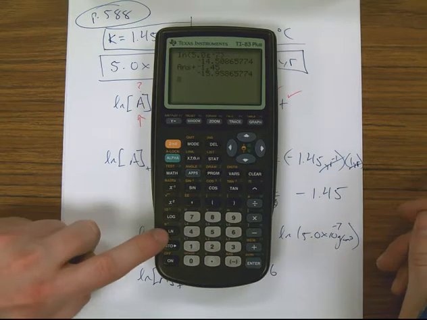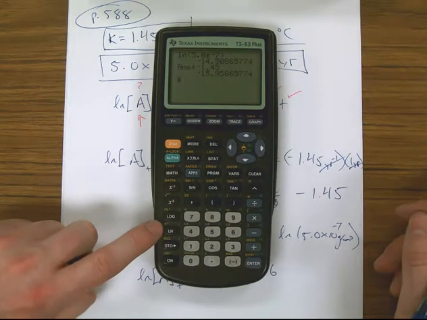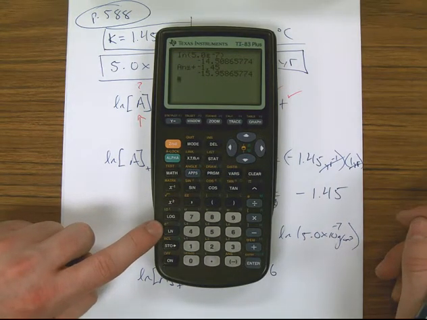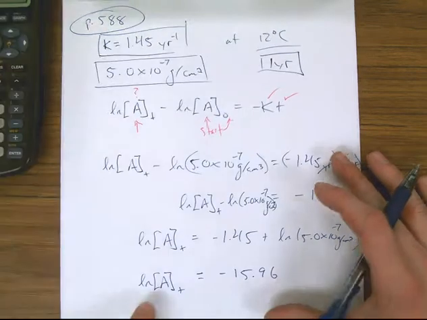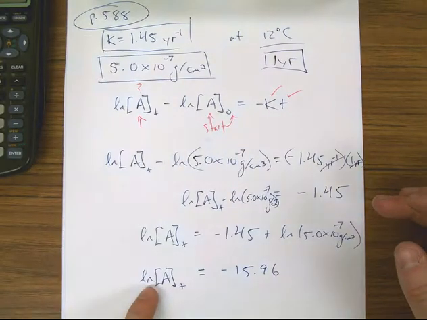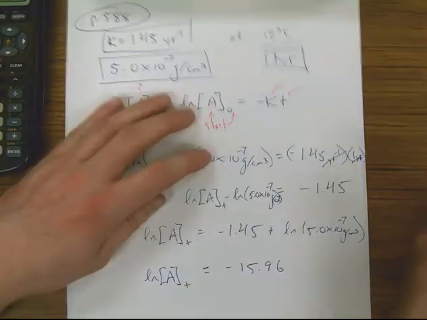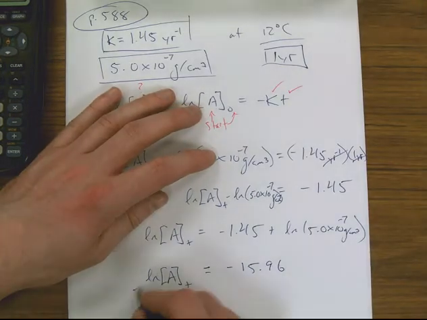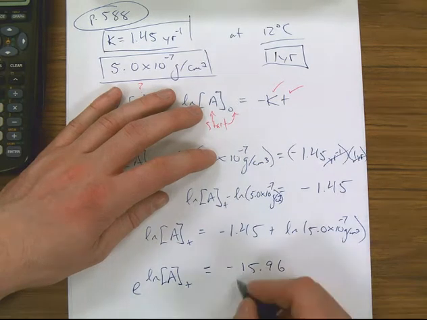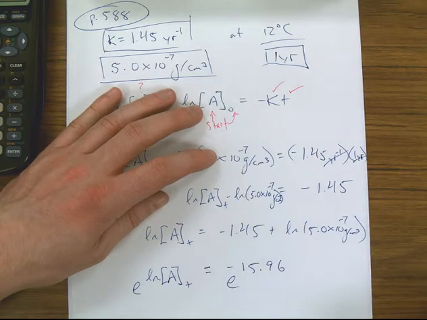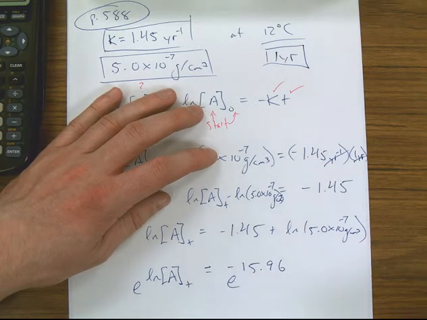My natural log button's right here, and right above it is e to the power of x. So natural logs are base e. If I want to get A by itself, I'm going to have to take e to the power of that natural log, e to the power of negative 15.96.